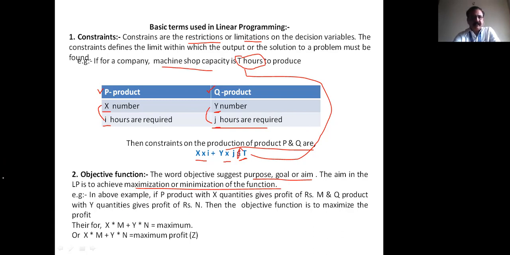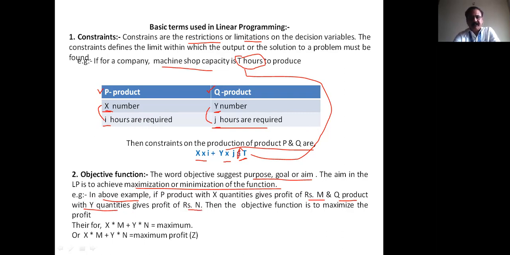Suppose we consider the same example: P product with X quantities, where X is the number of quantities produced for P product, gives a profit of rupees M. Similarly for Q product, the quantity is Y, which gives a profit of rupees N.